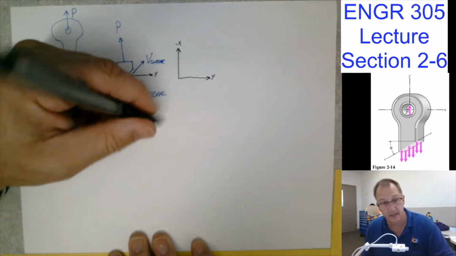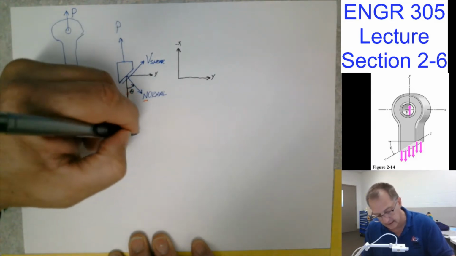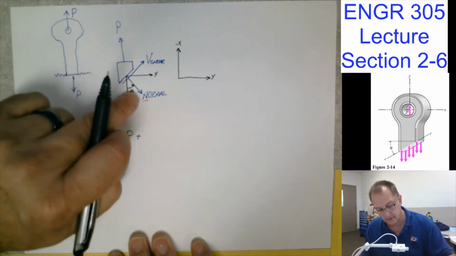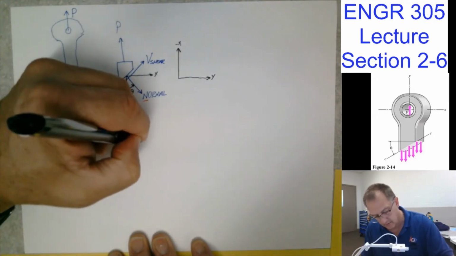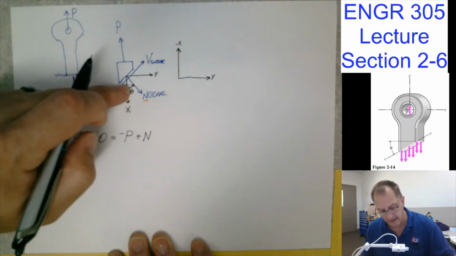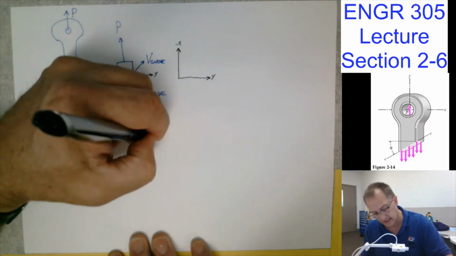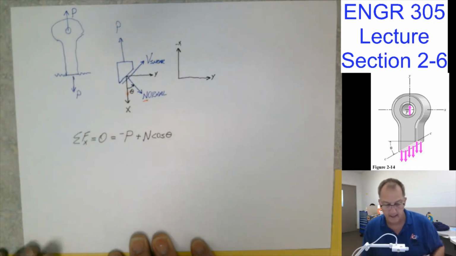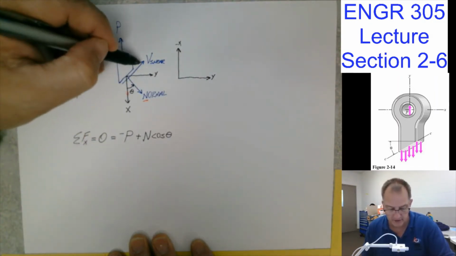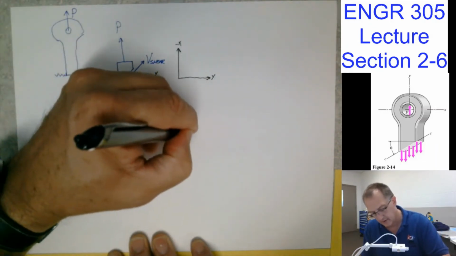And that's then plus my normal N. Now, what fraction of that is acting in the x direction? Well, cosine of theta. And I've got my shear force, which is also acting in the minus direction, minus V.